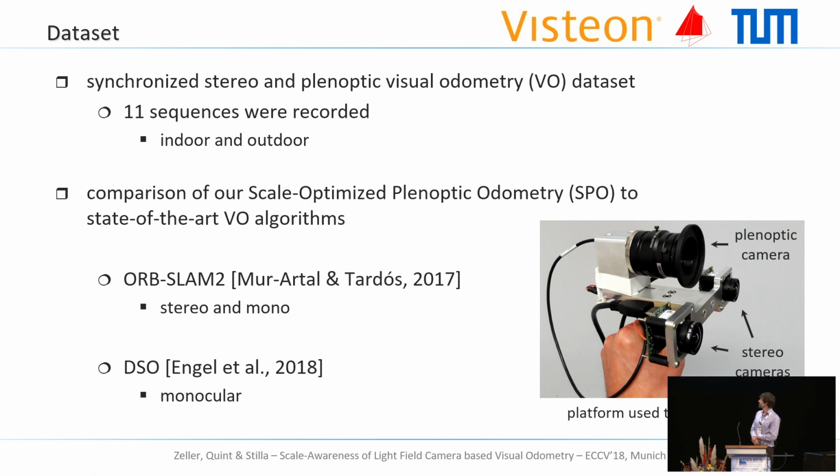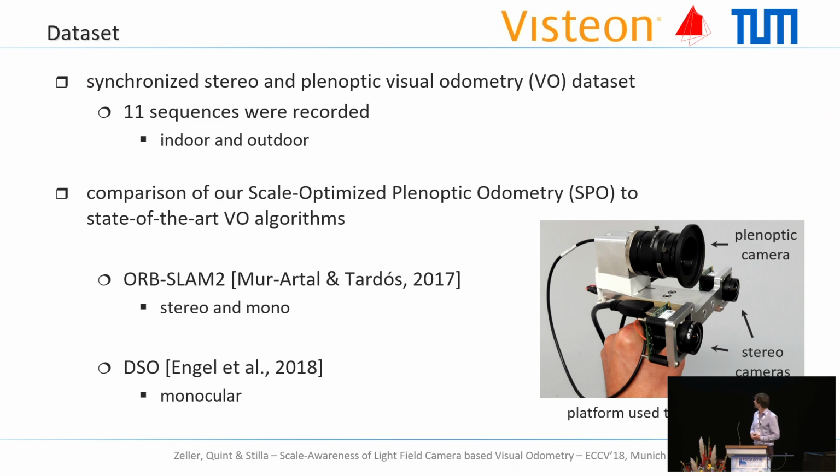Now we also wanted to evaluate our algorithm, and the problem basically was that there are no datasets available which can be used to evaluate our algorithm, and on the other side there are no comparable algorithms available which we could use to compare our algorithm to.